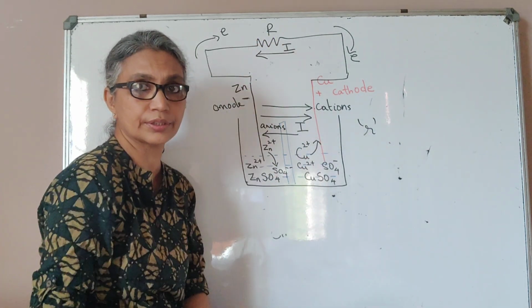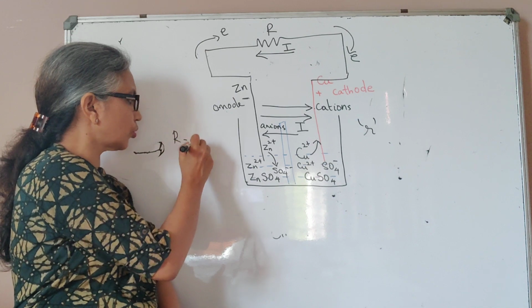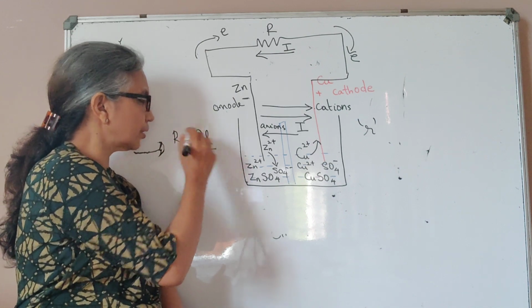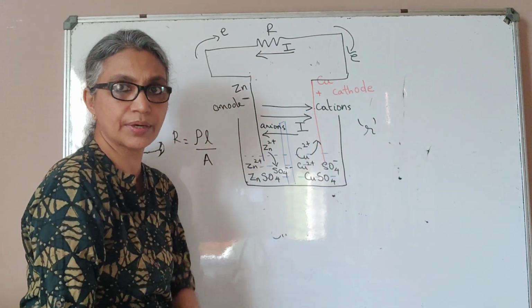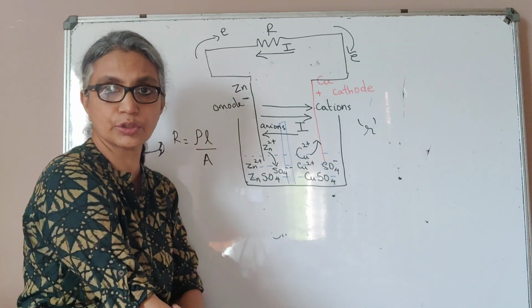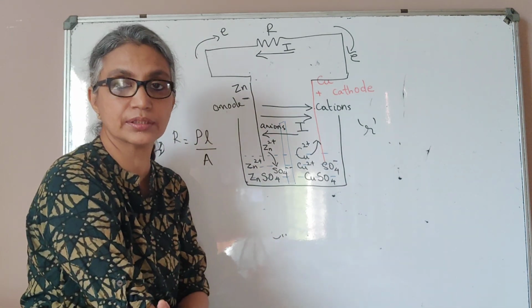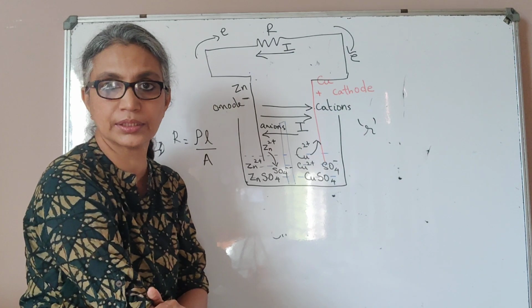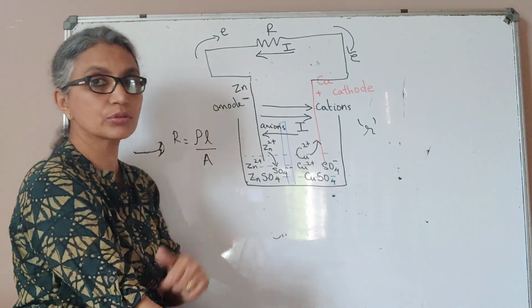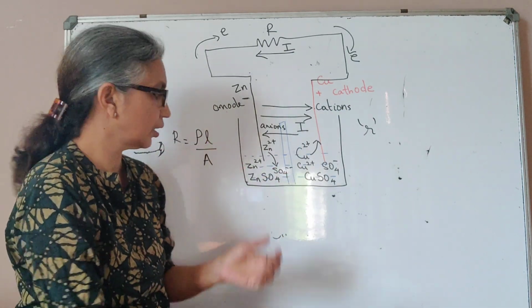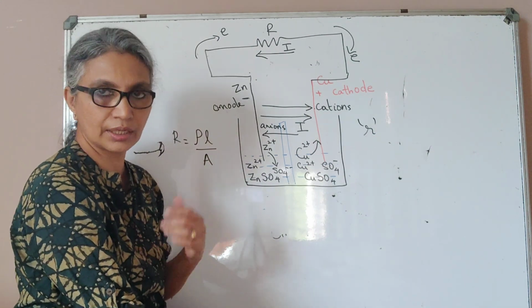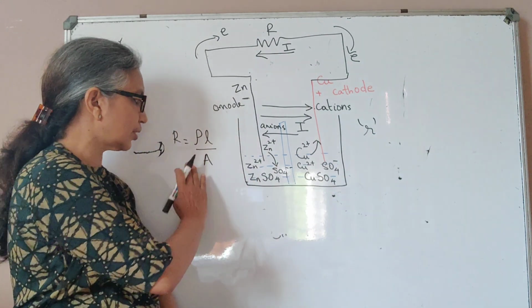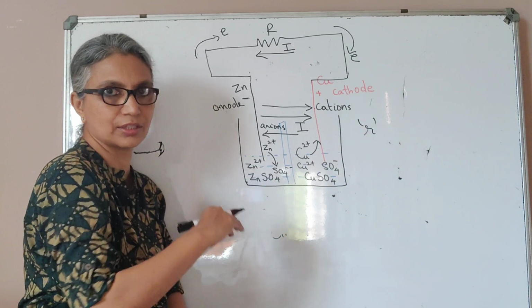External resistance we already know, R equals rho L by A, and the external resistance is determined by the factors, that is, the resistivity of a material, which depends on the type of material that you use and the temperature of the material. The resistance also depends on the length of the resistor and the area of cross section of the resistor. That is something we already discussed in the last session.